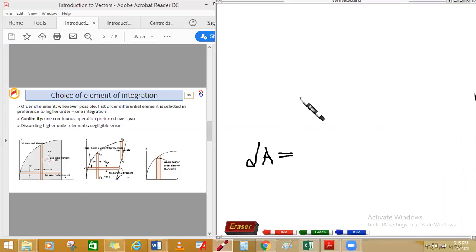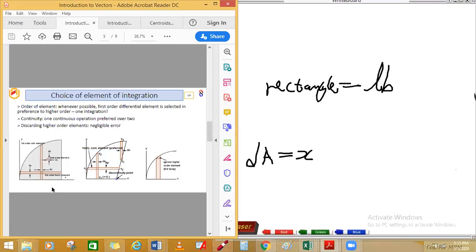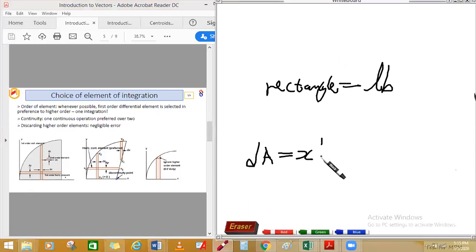Normally the area, if it's a rectangle, is length times breadth, isn't it? Yes. So in this case, your length on the horizontal is x, while the breadth for this object is this small portion which is cut off, which is dy.